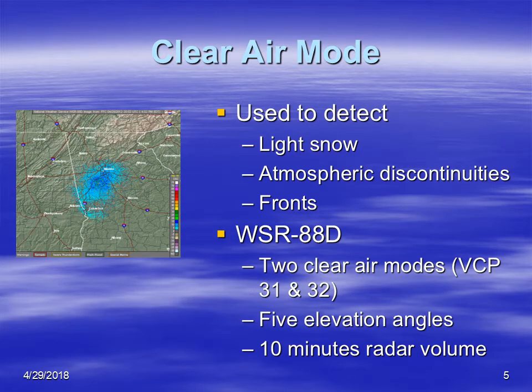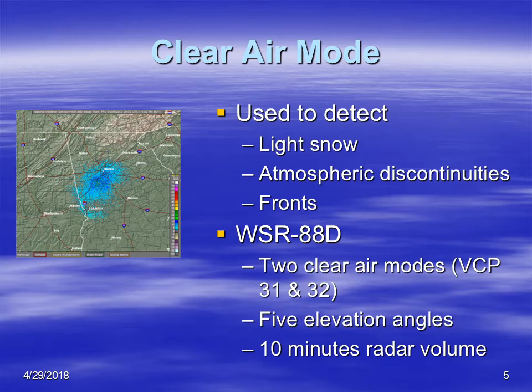So, of course, clear air mode is typically used to detect the smallest objects in the atmosphere, the things that don't reflect much energy, such as light snow. Also, atmospheric discontinuities, meaning that where there is a density difference in the air, you can actually get refraction of the radar signal, and you can sometimes detect things like fronts.